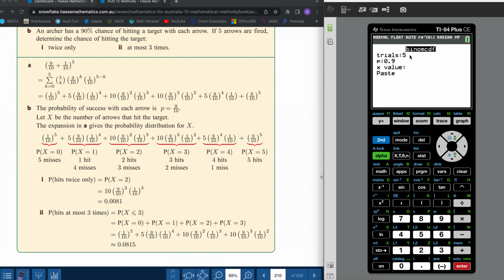The X value that I put there, it includes that value and does all the values below it. So if I put in 3, it's going to include 3 hits, 2 hits, 1 hit, and 0 hits.